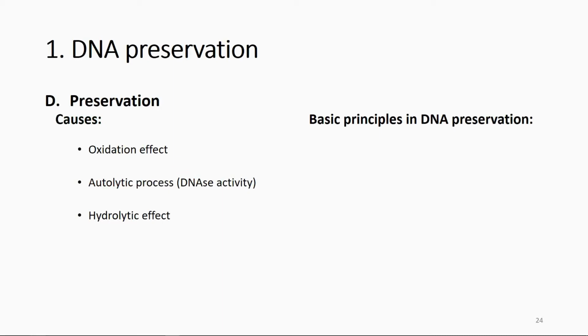So now we know the cause of the DNA degradation and denaturation. There's an oxidation effect, autolytic effect, and also the hydrolytic effect. So we can look for ways to minimize all these effects and activity. One way is to keep your sample, your tissue, in low temperature.